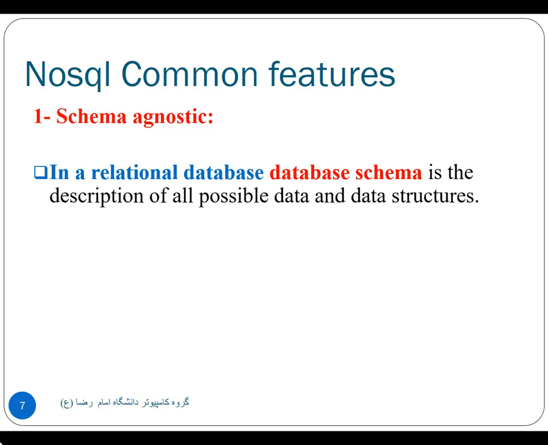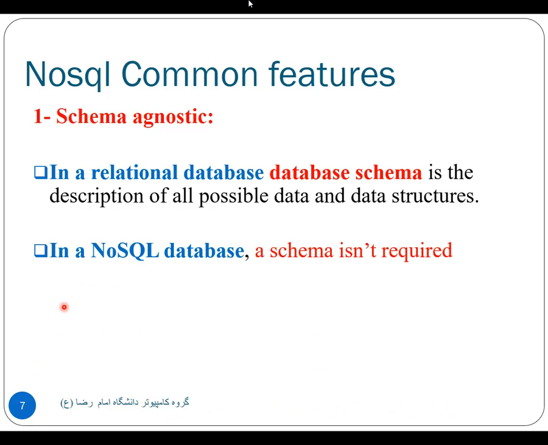It is the design of the whole database. Okay, that's the schema. In the NoSQL database, we don't have schema. We don't need schema. We don't have a design of the database.